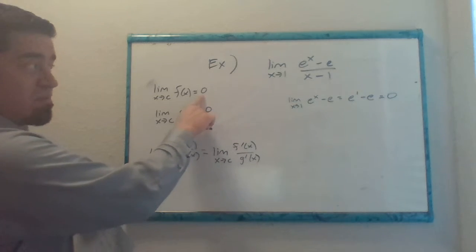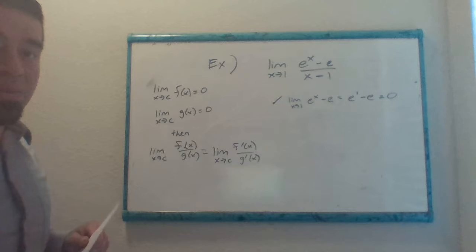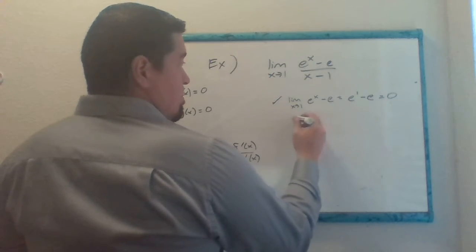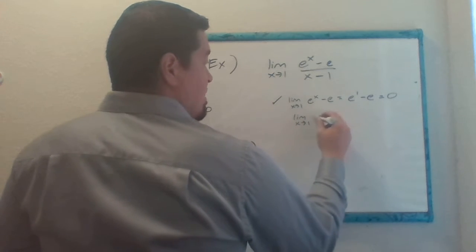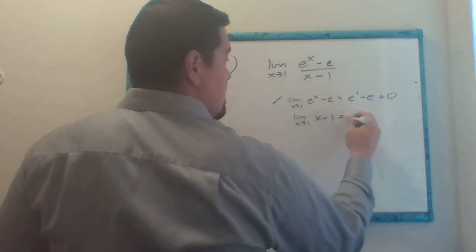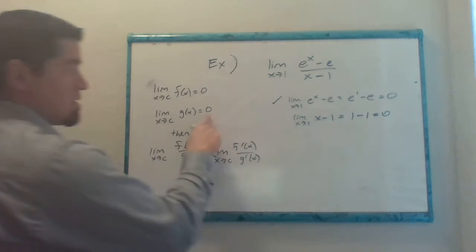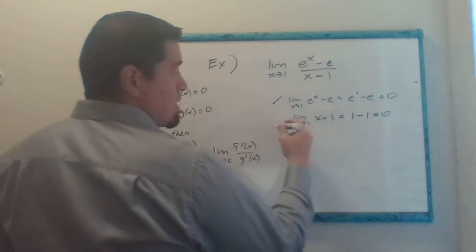So the first check goes through, okay? Second, check the bottom. Does the limit as x approaches 1 of the bottom, g of x, using direct substitution, I get 1 minus 1, that's 0. So does that check out? Does the limit as x approaches 1 of the bottom equal 0?